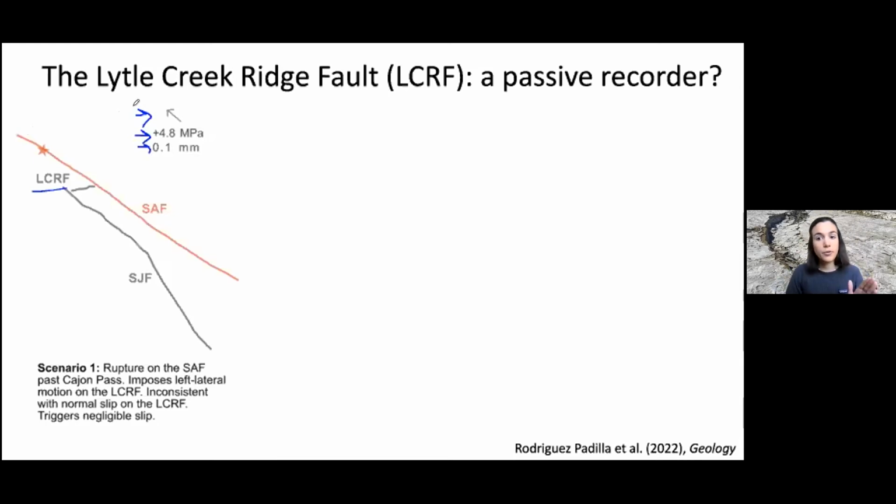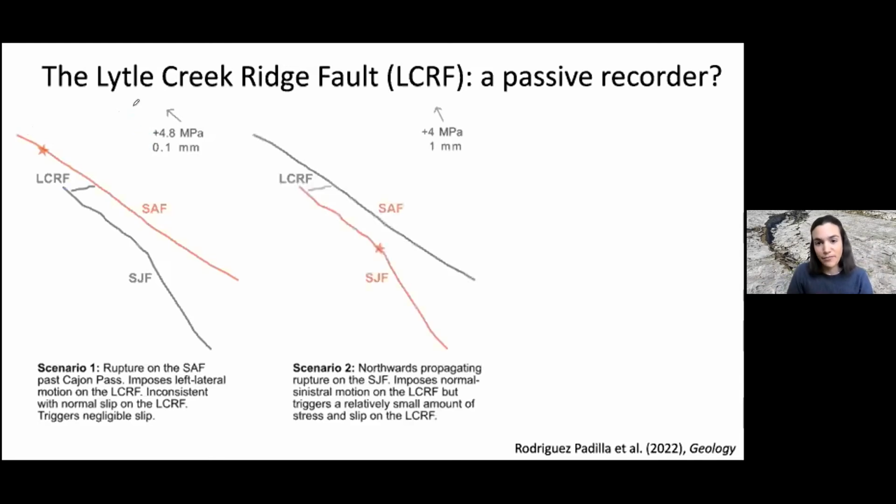So rupture that terminates on the San Andreas without stepping over induces a strong component of left lateral slip, more than normal slip on the LCRF, which is not consistent with the normal fault that we observe in the field. Okay. If we impose slip only on the San Jacinto fault, we get the right slip vector, we get normal slip, but we impose too little displacement.